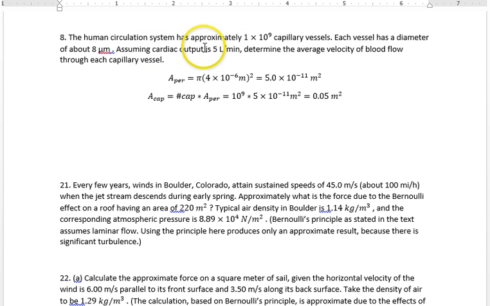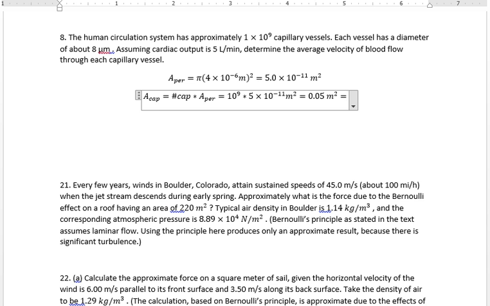Assuming cardiac output is 5 liters per minute, determine the average velocity of blood flow through each capillary vessel. I'm going to convert this over to centimeters because it's going to help us in a second.